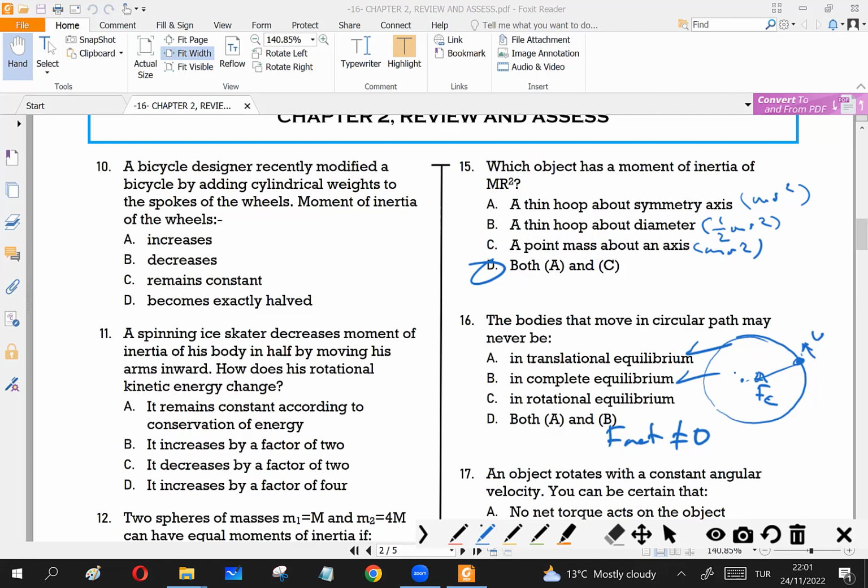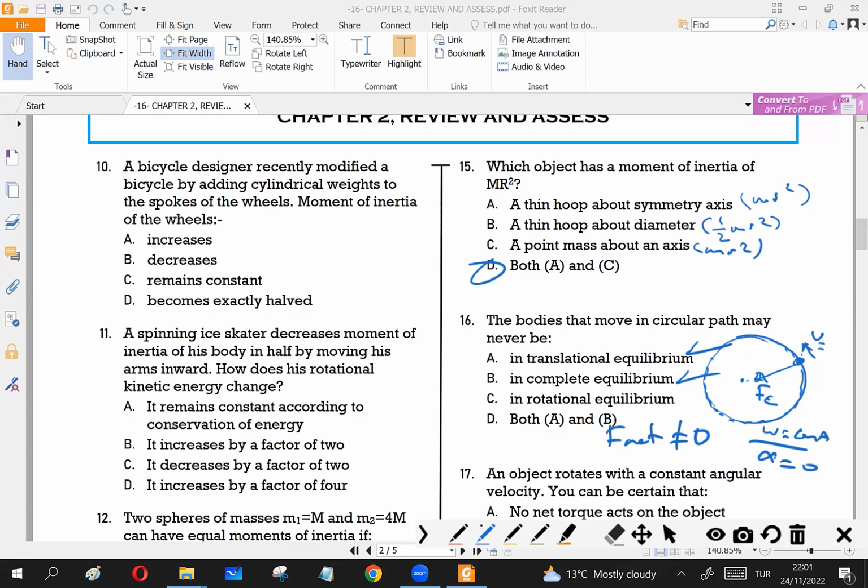How could rotational equilibrium be possible? Yes, if an object is moving in this circular path with constant tangential speed, so v is constant, omega is also constant. If omega is constant, alpha is 0. So rotational equilibrium can be possible, but translational equilibrium is impossible for a circular motion.